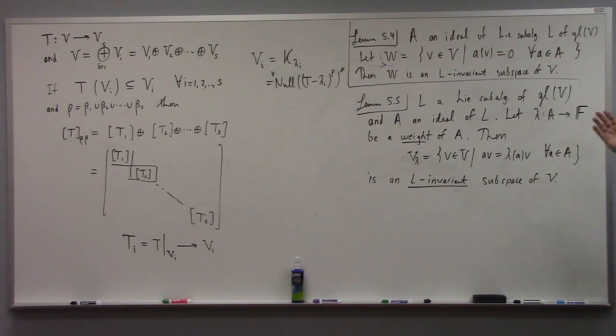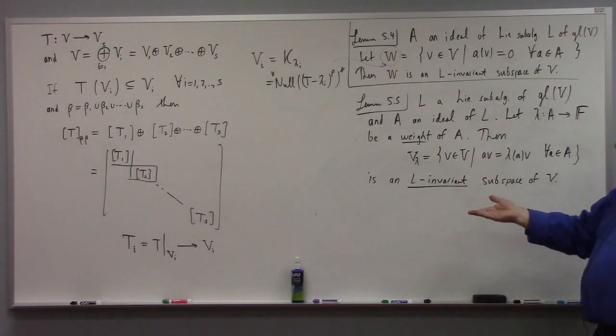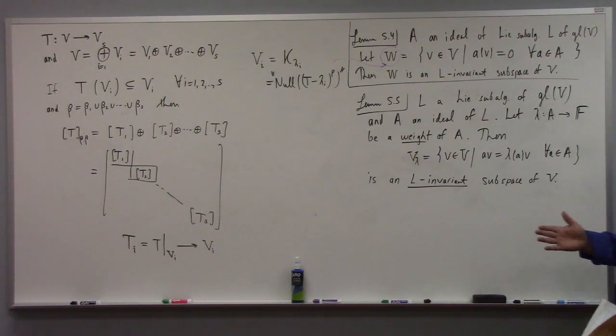V lambda is a subset of V, so it can't be the same thing. A weight is a dual vector to V. V lambda is called the weight space, but it's not the set of all the weights lambdas.